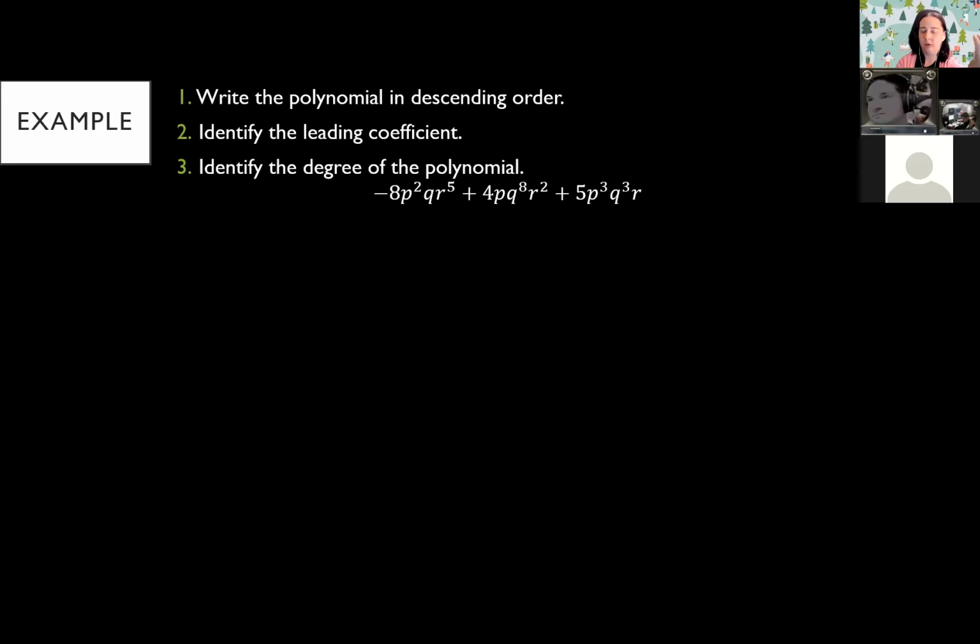So when you have lots of variables, in order to really decide it in descending order, we look at the degree of each term to order it. And to get the degree of each term, it's the highest exponent of each term. But when you've got multiple exponents, what do you do? You add the exponents to get the degree. So we have to get the degree of each term.